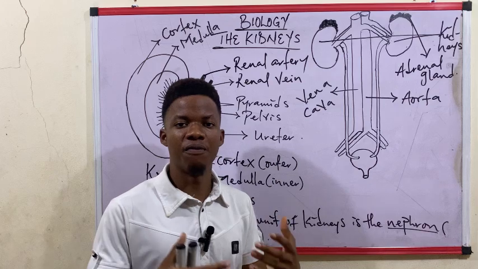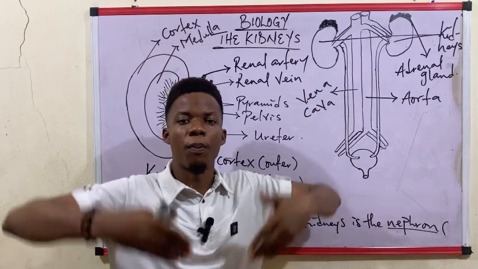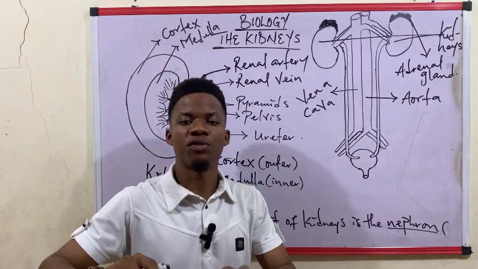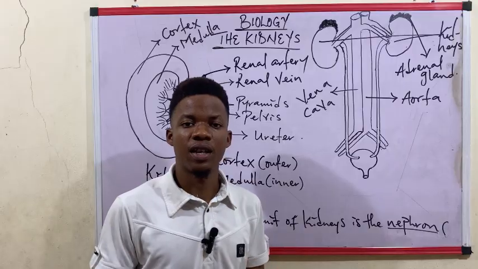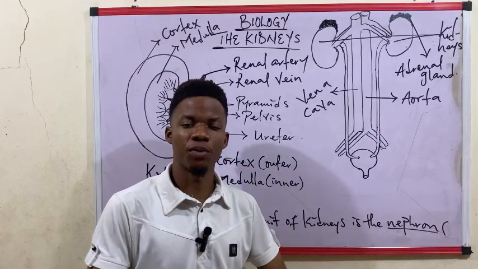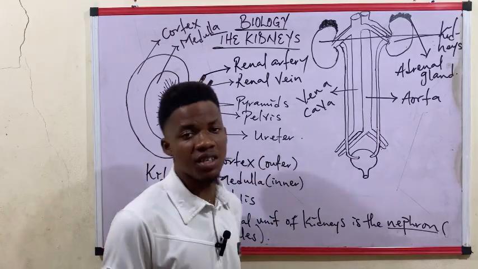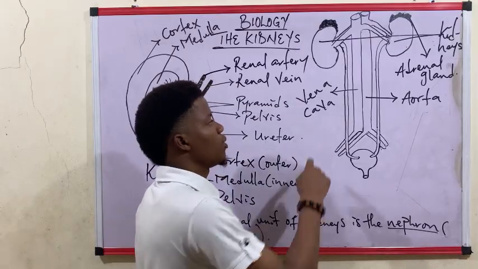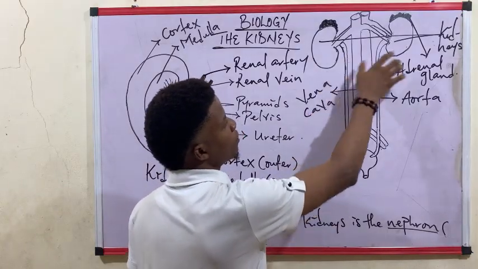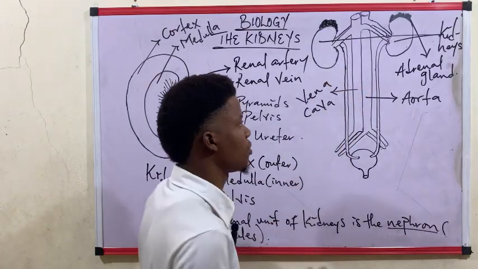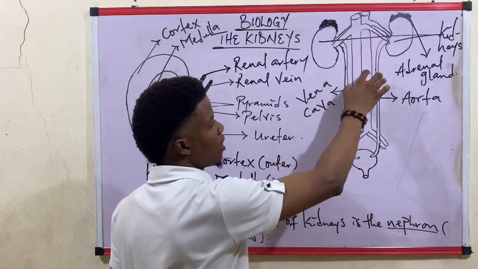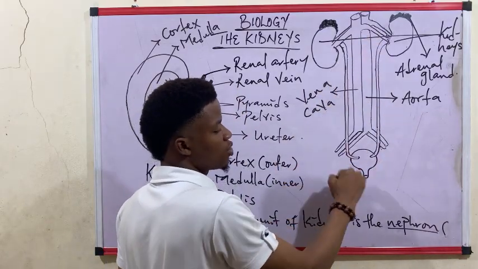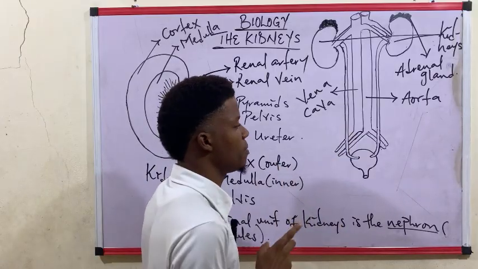The superior vena cava draws blood from the upper part of your body, while the posterior vena cava drains blood from the lower part of your body. The kidney is located at the lower part of the body, and it drains down to this structure here, which we are going to name very soon.